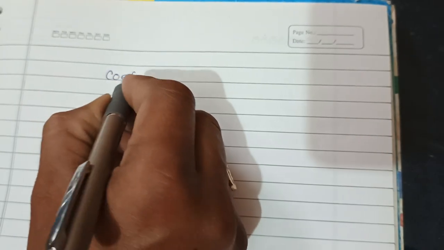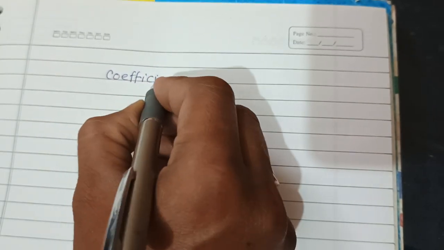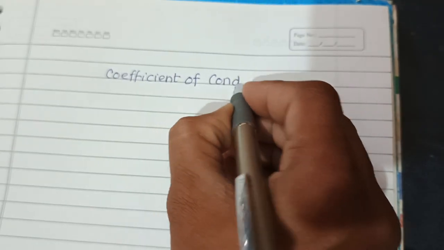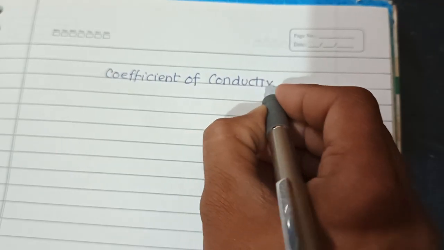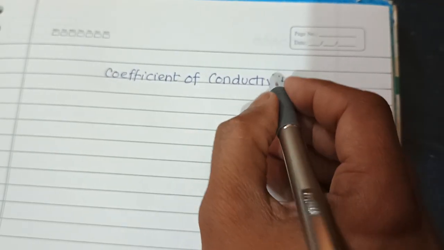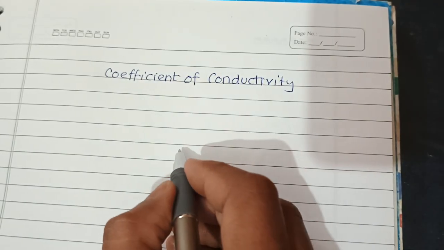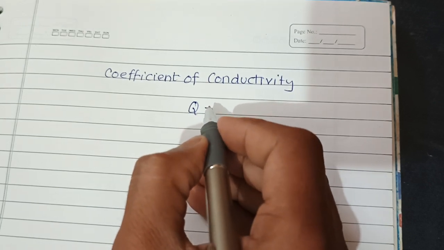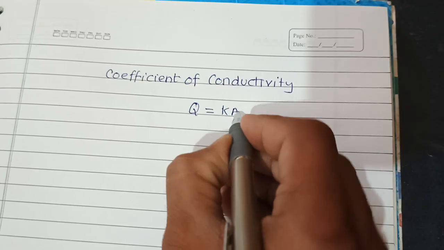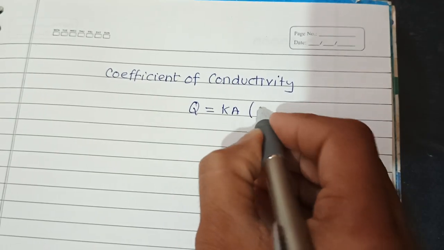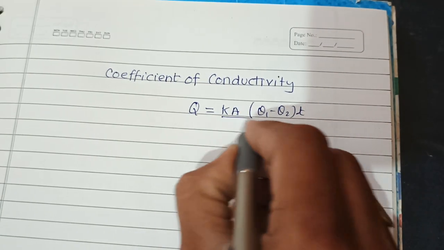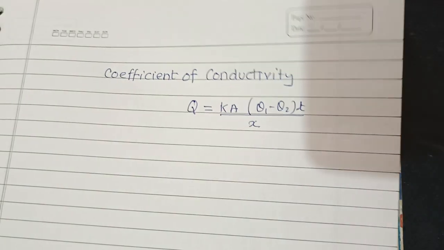Coefficient of thermal conductivity. Q is equal to K A (theta 1 minus theta 2) into T by X by the formula.